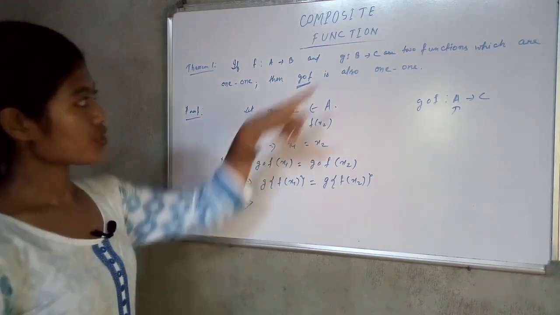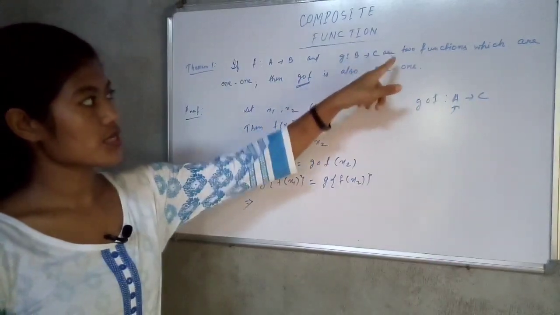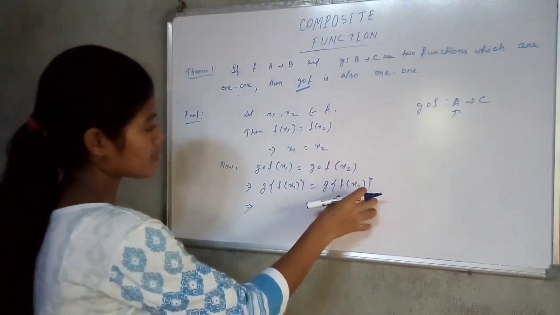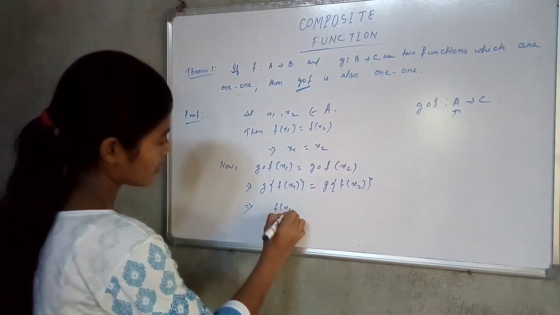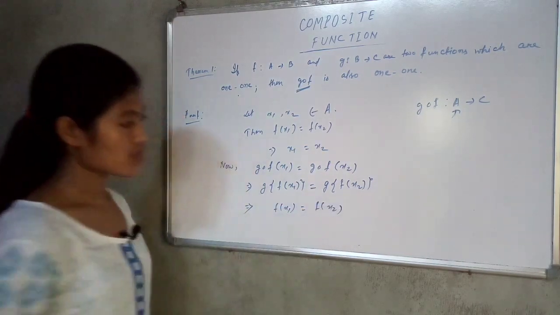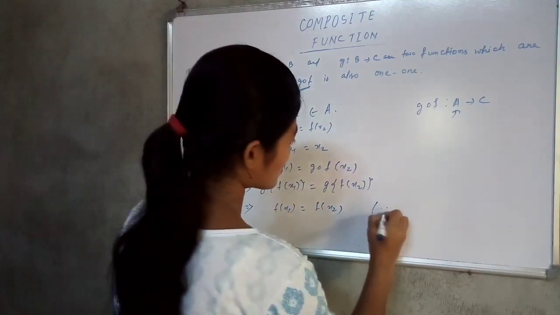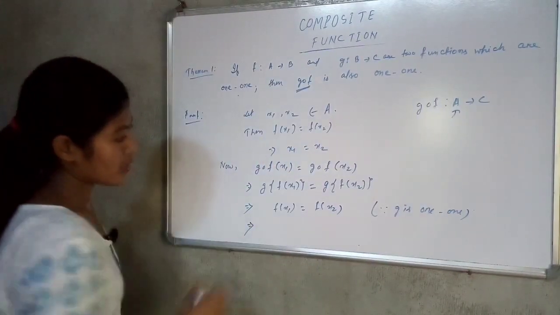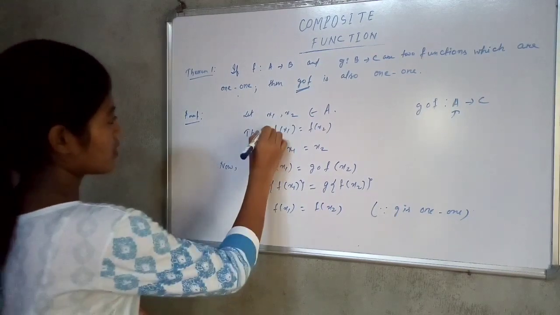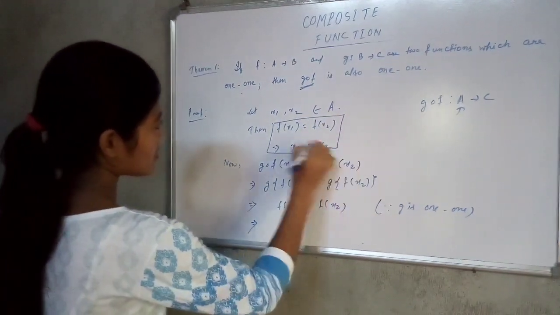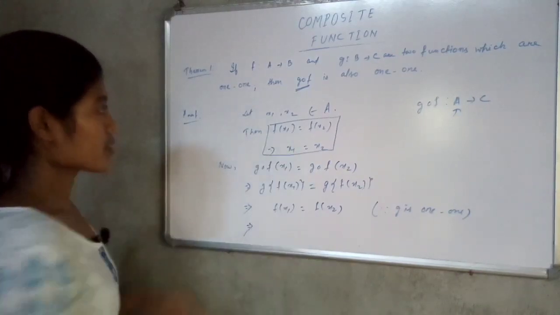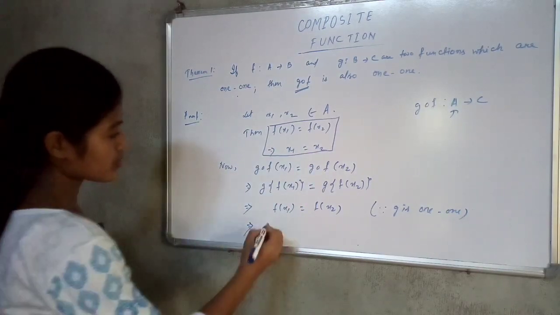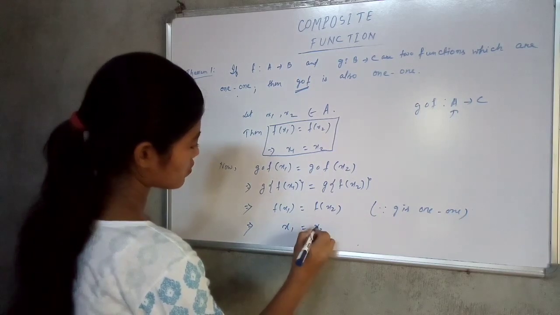Now, since the function g from B to C is a 1-1 function, g of an element equal to g of another element will imply f of x1 equal f of x2, because g is also 1-1. And we have done this before: whenever we take f of x1 equal f of x2, we get x1 equal x2.